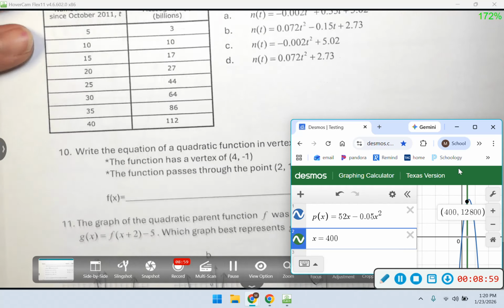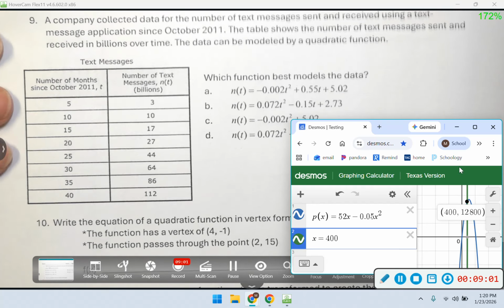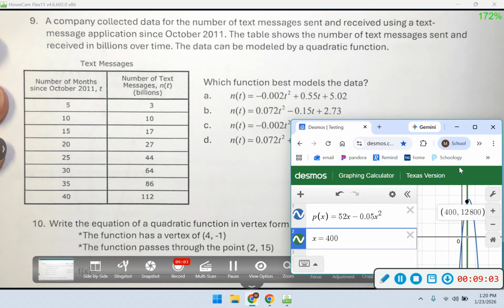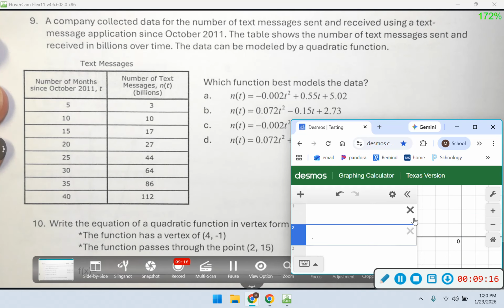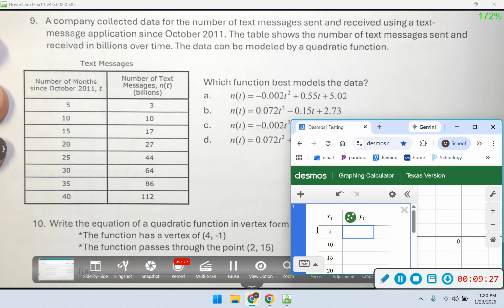Okay. This one, a company collected data for the number of text messages sent and received using a text message application since October 2011. The table shows the number of text messages sent and received in billions over time. The data can be modeled by a quadratic function. So it wants to know the best equation, which means it's a scatter plot. I'm going to do plus sign table, and I'm going to type in my table. Too many. And then type my y's.